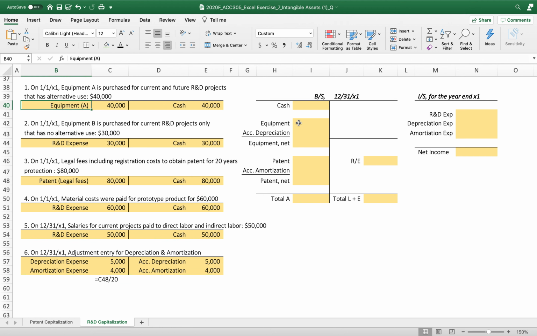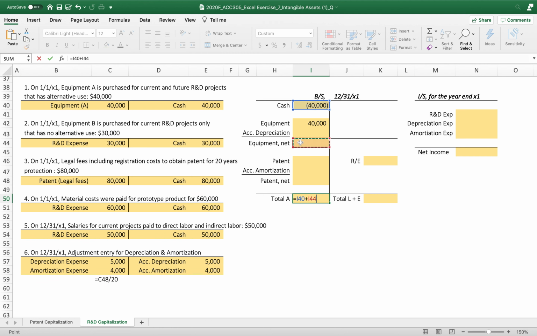Then let's post this journal entry. Here the equipment, now we can put the equipment 40, then the cash out, right? That is the first transaction. Let me check the balance first, plus the patent part should be the same as this.